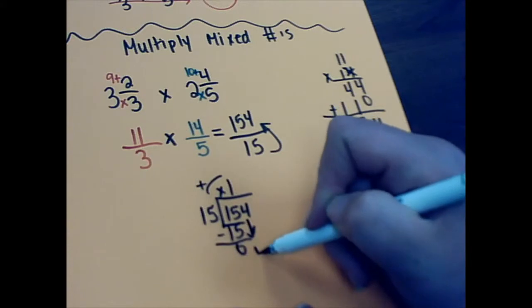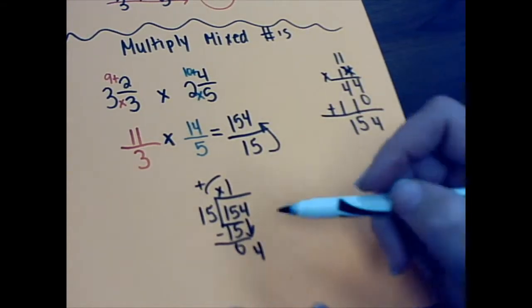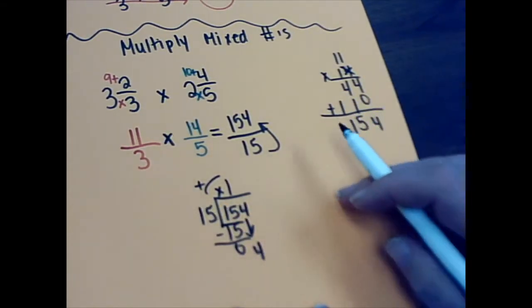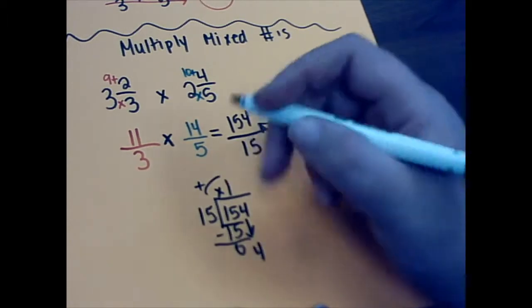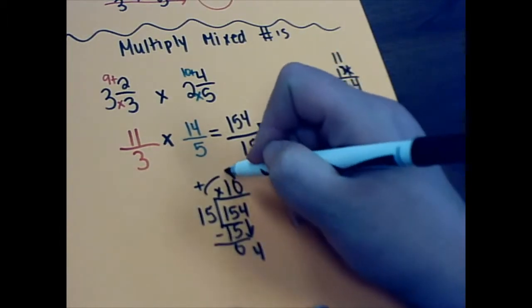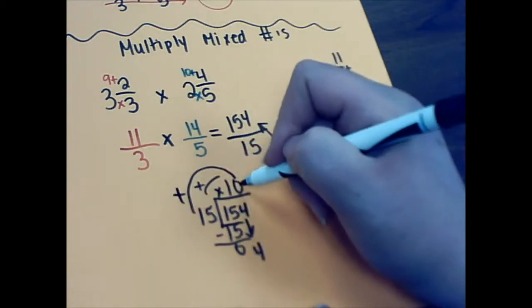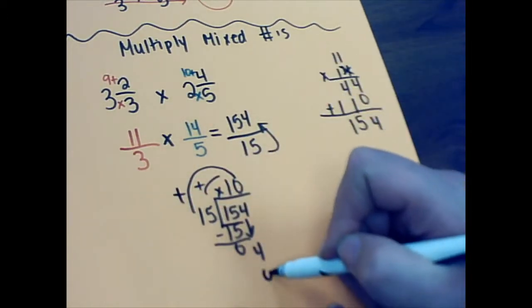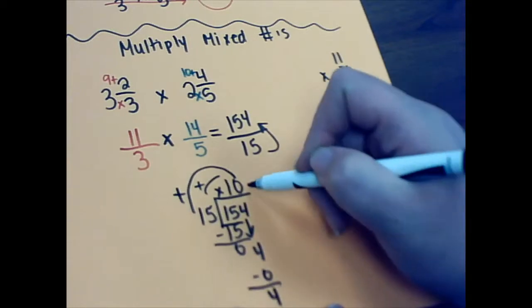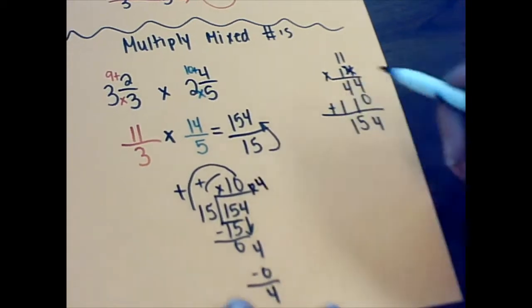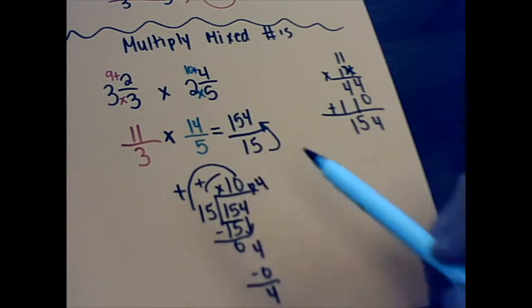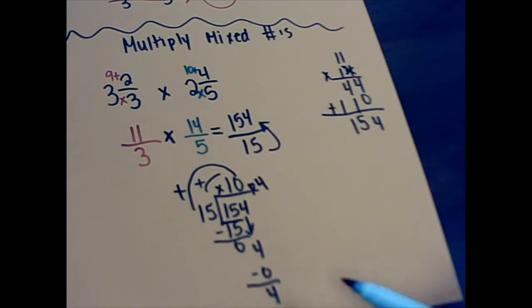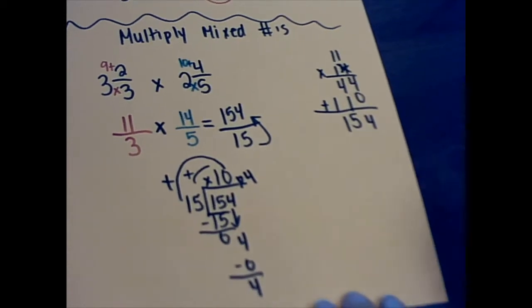subtract, bring down. Can 15 go into 4? No, it cannot. So it goes in 0 times. Multiply down. 0 times 15 is 0, with a remainder of 4. So you get 15 going into 154 10 times. Now, you know the remainder is 4, but we're going to write this as a fraction.